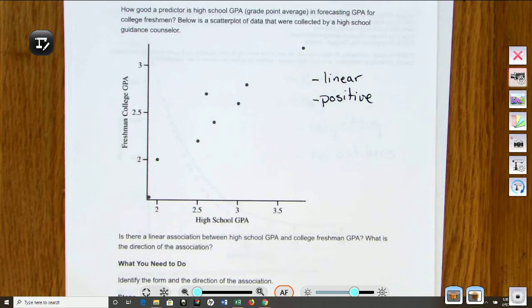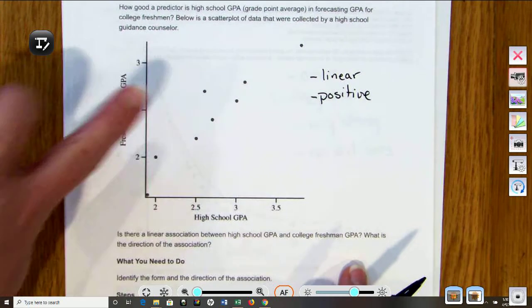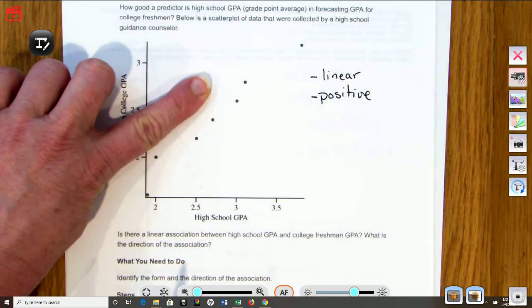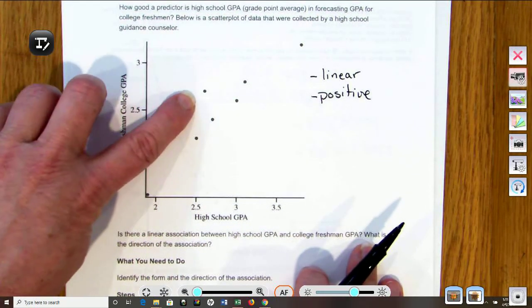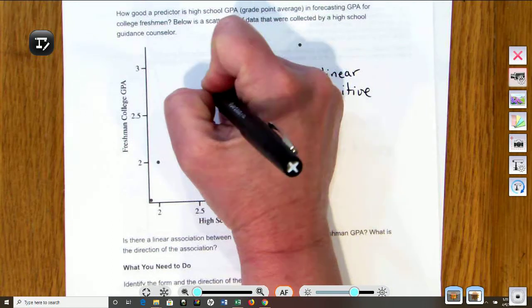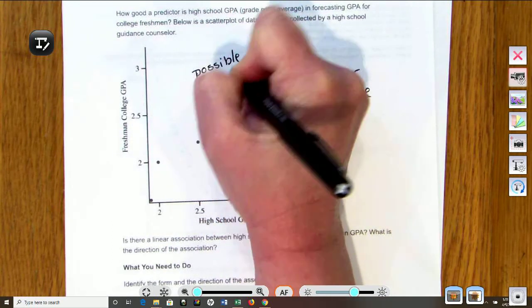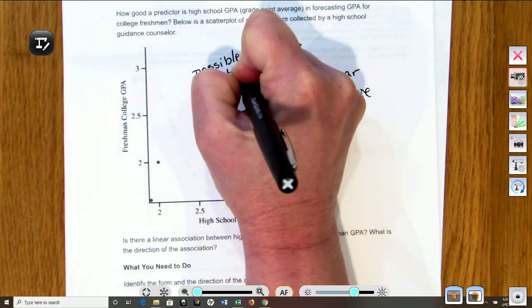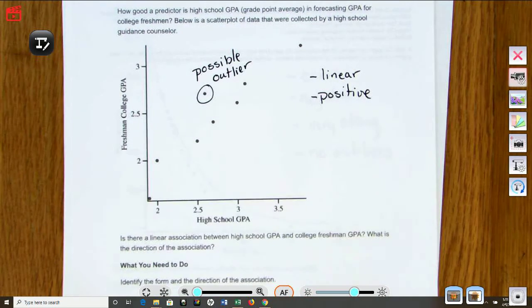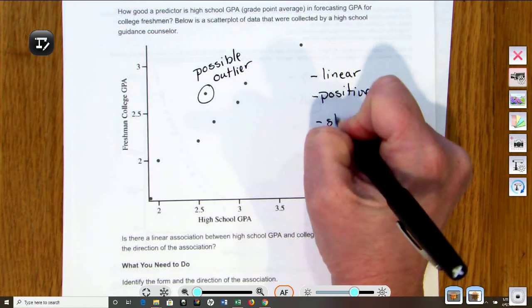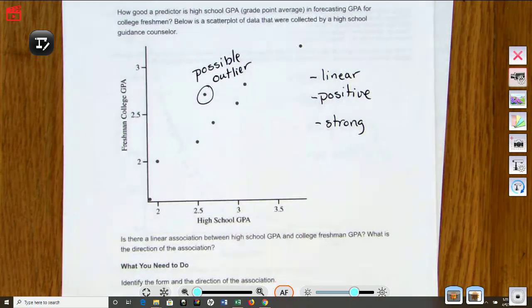Outliers, maybe, maybe not, because if I threw this guy out, those other ones are definitely on the same value, but this guy's a little bit off. So possible outlier. And depending on if you think he's an outlier and want to keep him or get rid of him, I would say that it is strong.